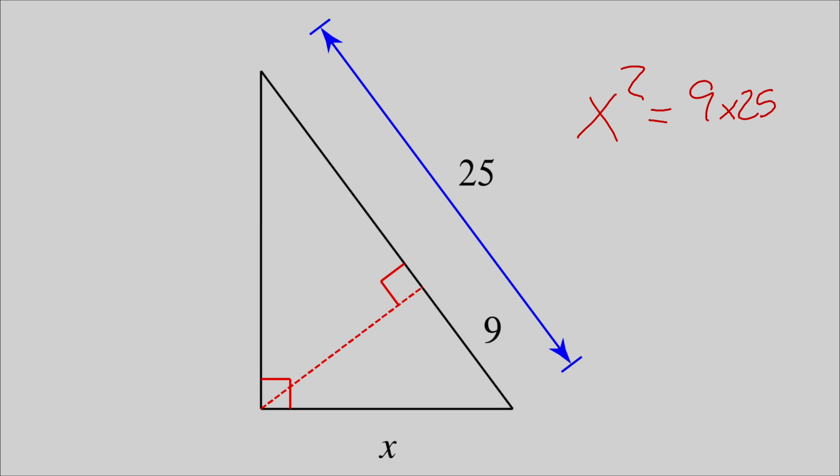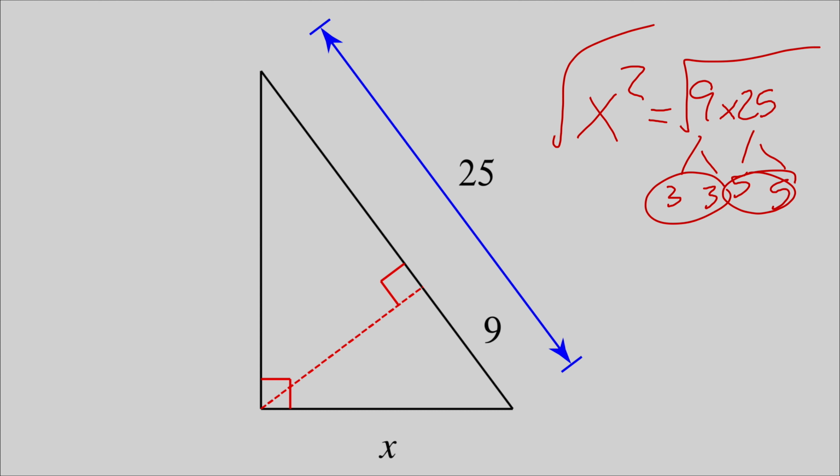Now, once again, we could go and actually multiply 9 times 25. We'd end up getting 225. But here's the secret. Whenever we start square rooting it, which we would, this is going to be 3 times 3. That's going to be 5 times 5. That's a pair of 3s. That's a pair of 5s. X is going to end up equaling 3 times 5, which is 15.